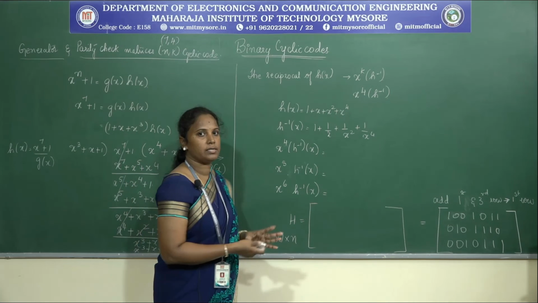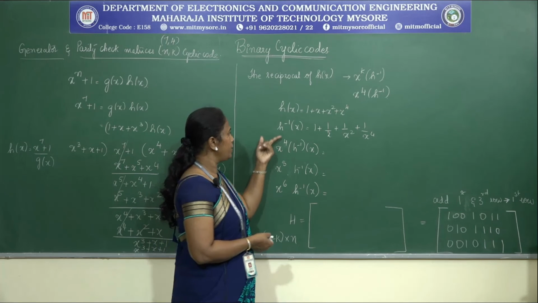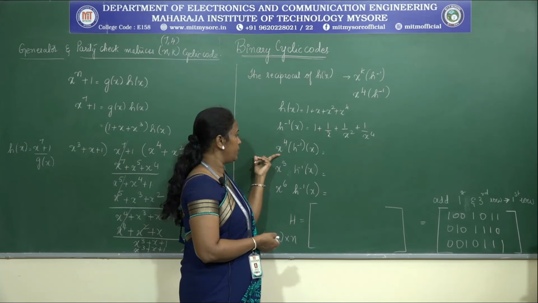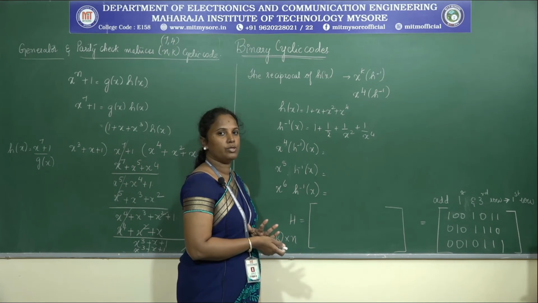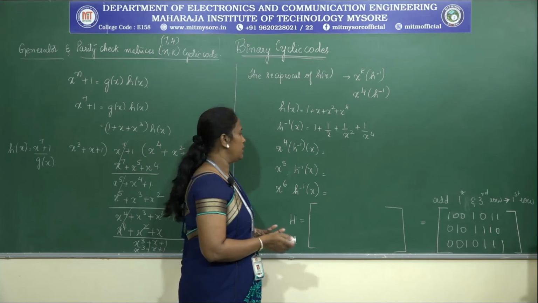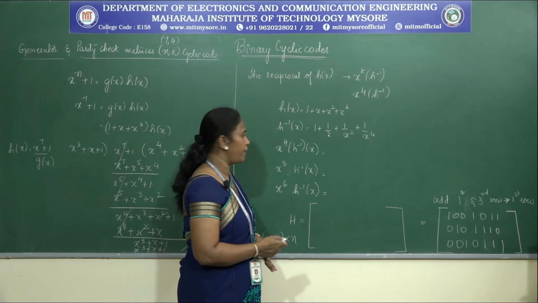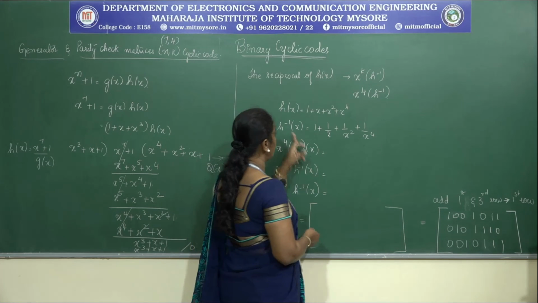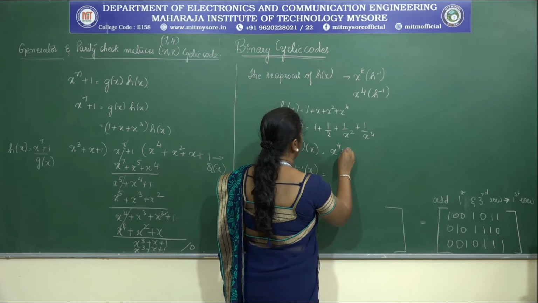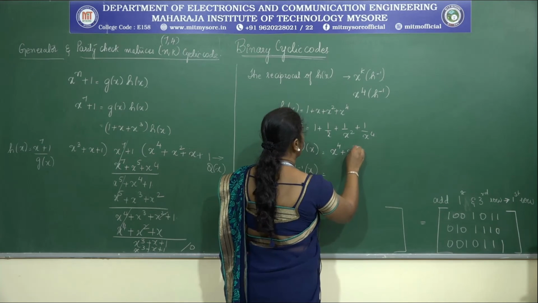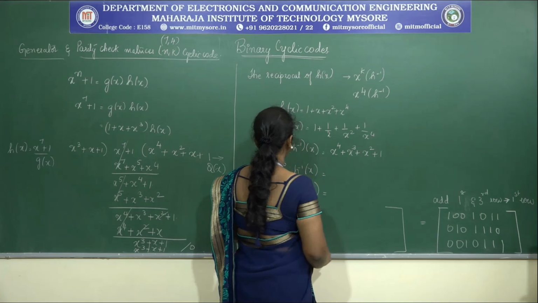So now with respect to your generator polynomial, we have x to the power of 3. So the next highest factor is x power 4. So that's why multiply your reciprocal of h of x by x4, x5 and x6, since the length of your code word should be 7 bits. If it is 6 bits, then you stop at x to the power of 5. So x to the power of 4 into h inverse of x means it will be x power 4 plus x to the power of 3 plus x square plus 1.